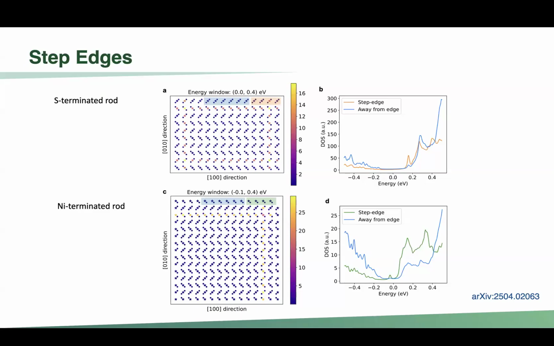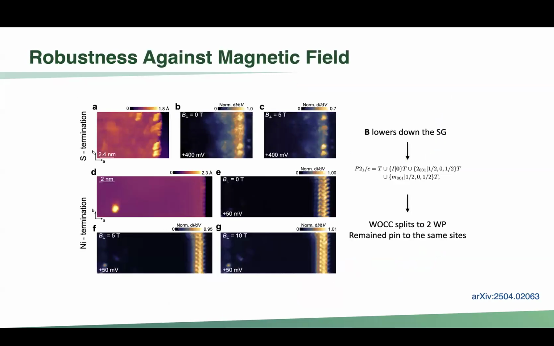But now we go to the rods, because in any case, these step edges, this hinge state at the step edges, have been measured and there must be some origin. And when we go to the rods for these two different terminations, what happens is that in the nickel terminated rod, we do see a contribution of the charge close to the Fermi level, where we don't see this contribution of the charge in the sulfur terminated rod.